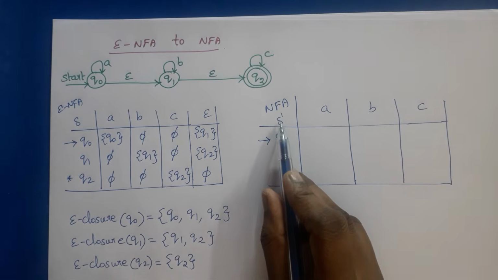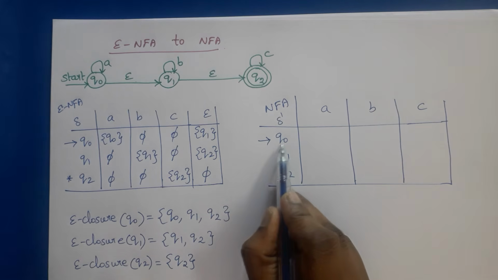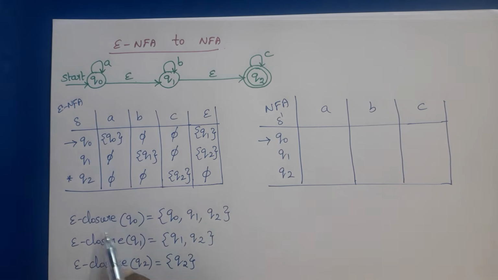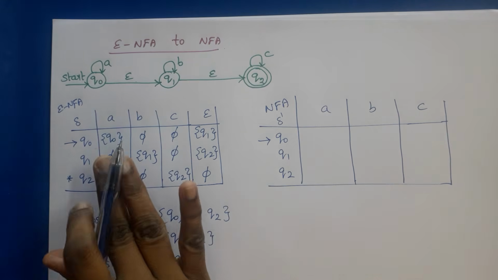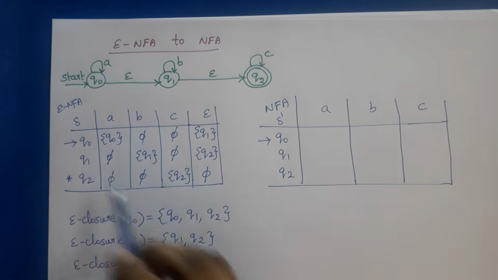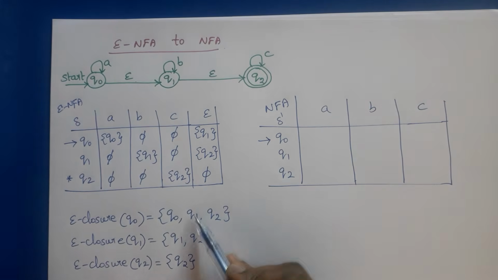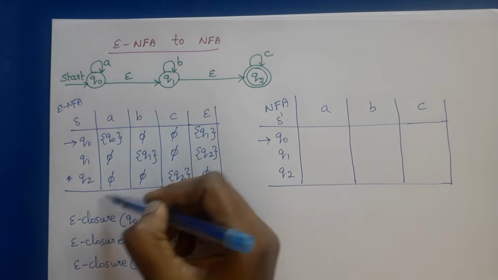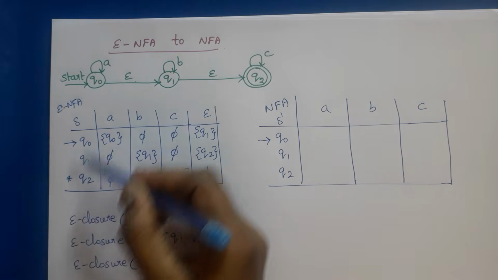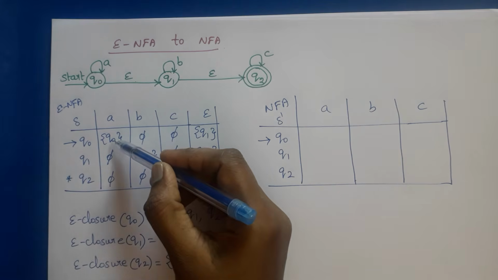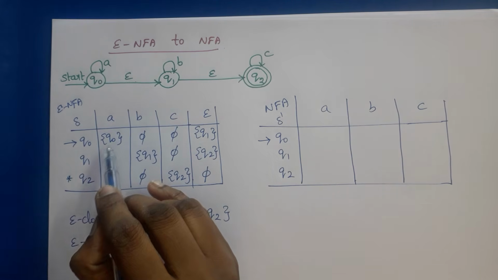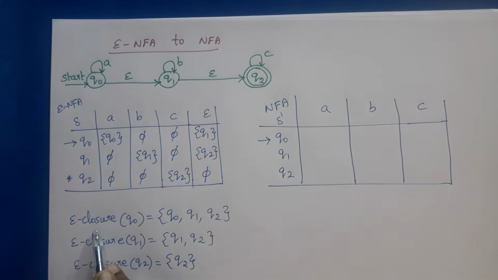So epsilon closure of Q0 is Q0, Q1, Q2. Then for this result comma A, we have to find the delta transition. So delta of Q0 A union Q1 A union Q2 A should be performed. That is Q0. Then for the result Q0, again we need to find the epsilon closure, which is Q0, Q1, Q2.